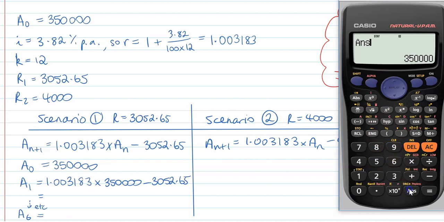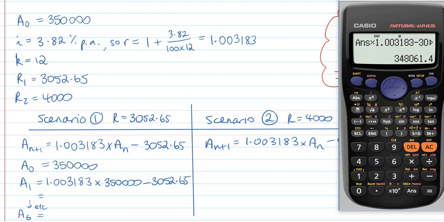Remember to enter that into your calculator by putting in your initial loan amount, pressing equals so your calculator stores that. Then to make it consistently do your recursions, take that amount, multiply it by your rate, subtract your repayments, so after the first month that will be your balance.